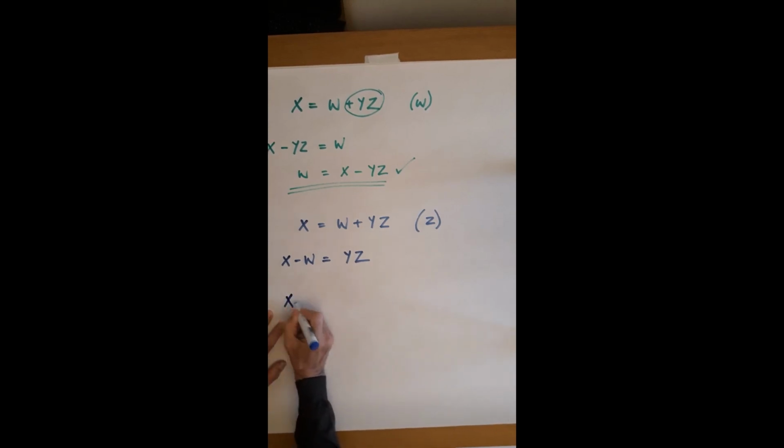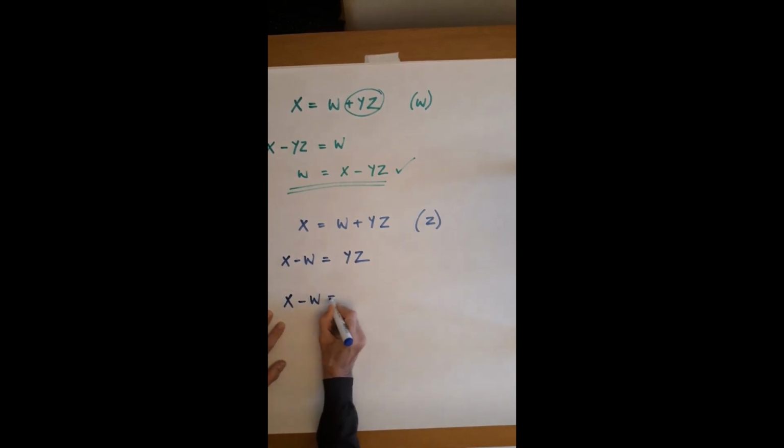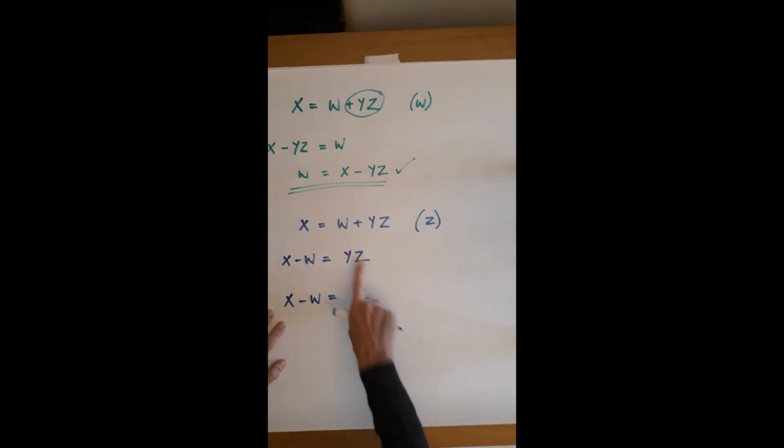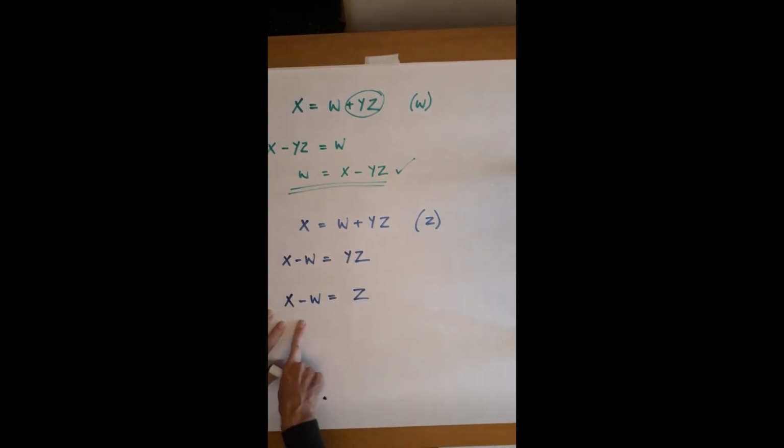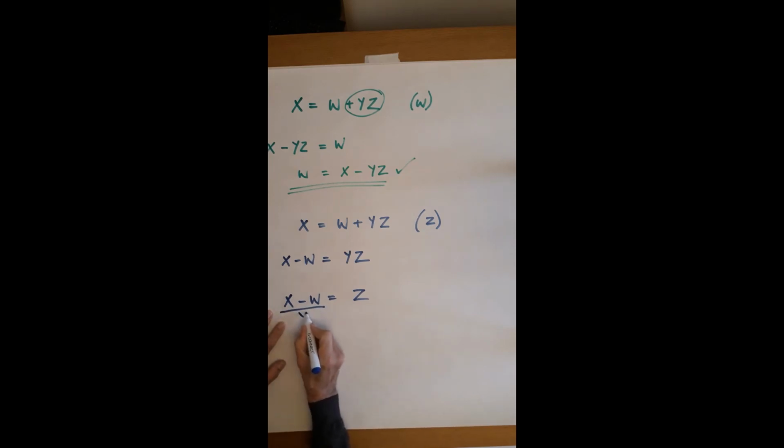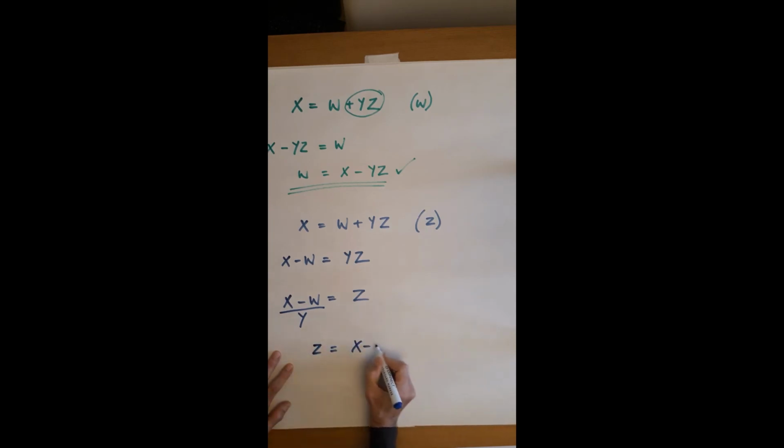So we will have x minus w equals z, and times y here becomes divide y here. And everything on the other side is divided by y. Just to change that around, z equals x minus w over y.